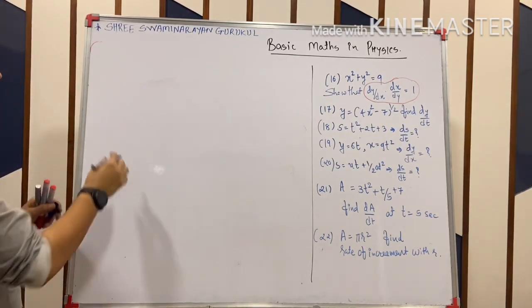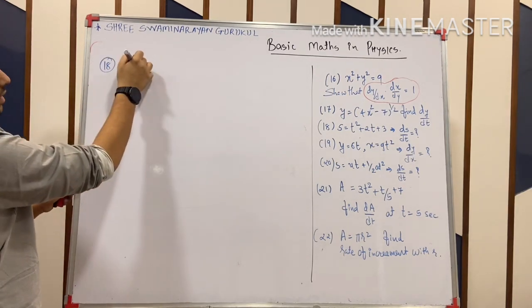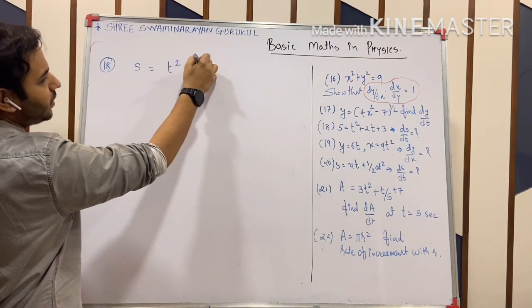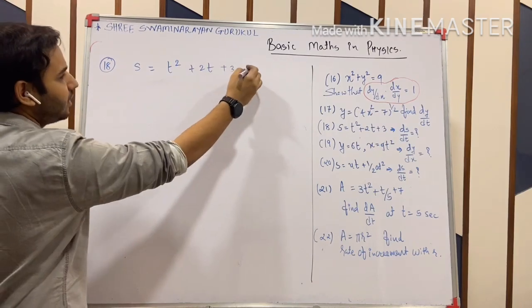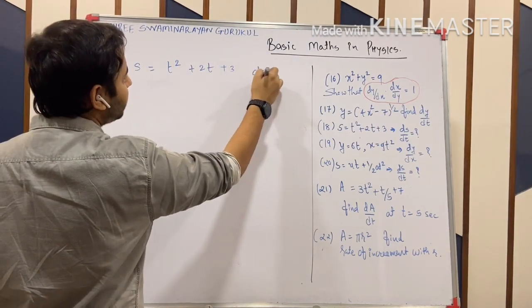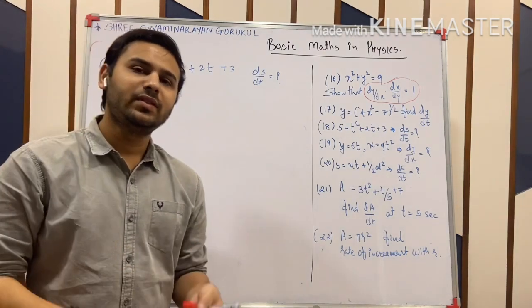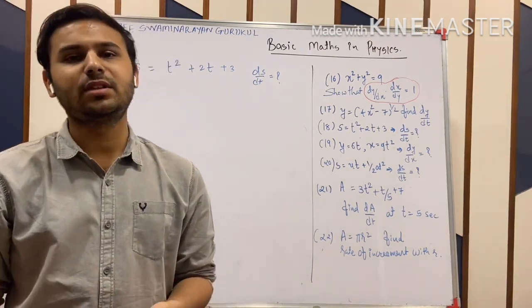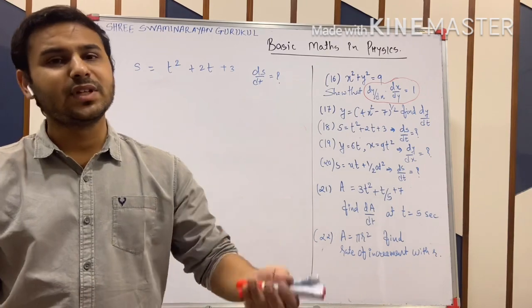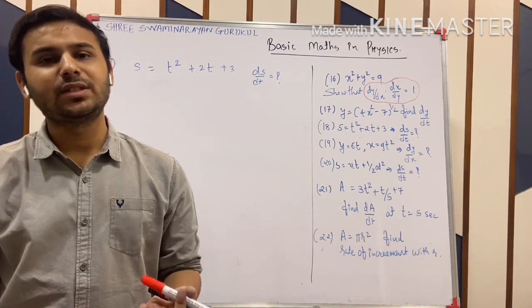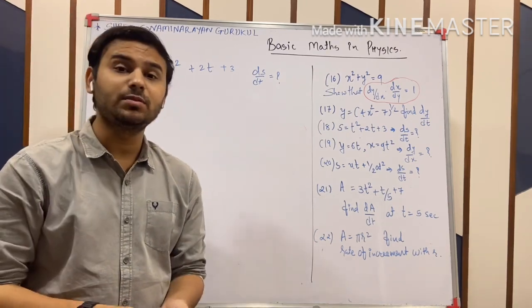The 18th is s is equal to t square plus 2t plus 3, and ds by dt is the question. It's the same method. Initially we were differentiating all these terms with respect to x, and the function was of x. Here the function is of t and is differentiated with respect to t.